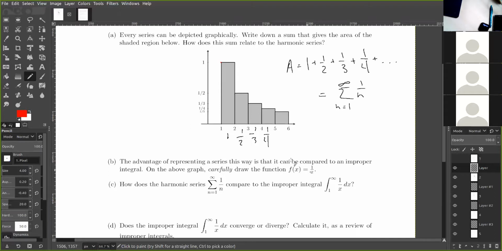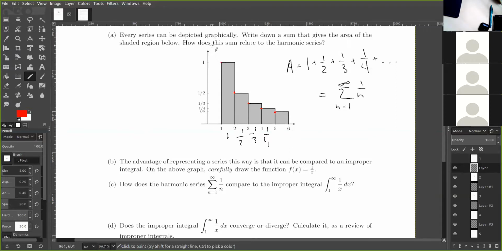When x is 2, we will be at 1/2. When x is 3, we'll be at 1/3. So you can see where these dots are going. When x is 5, we'll be at 1/5.